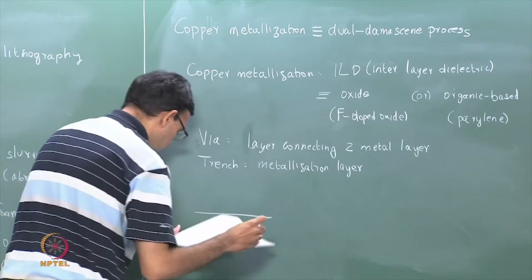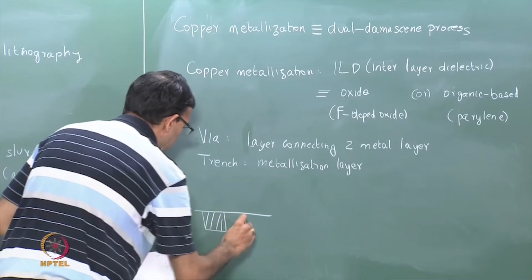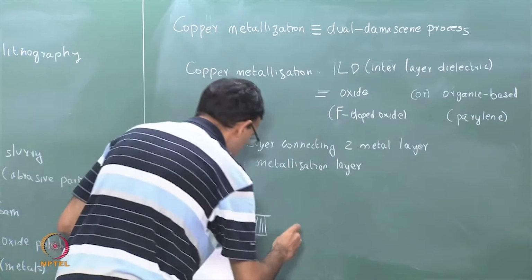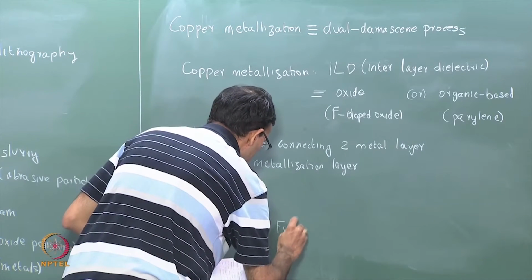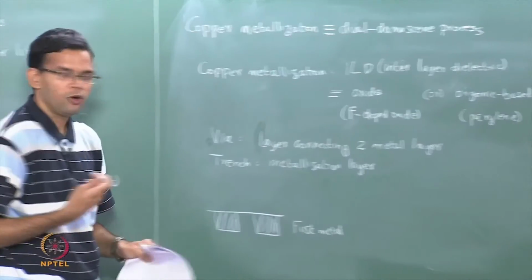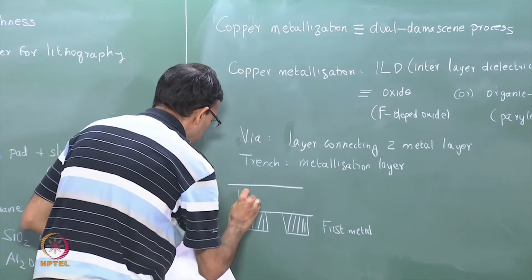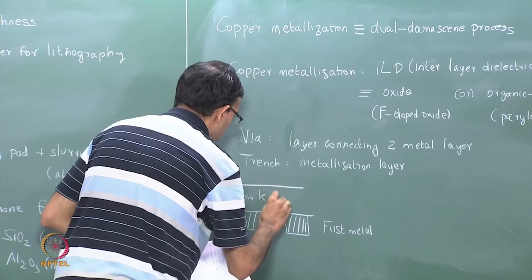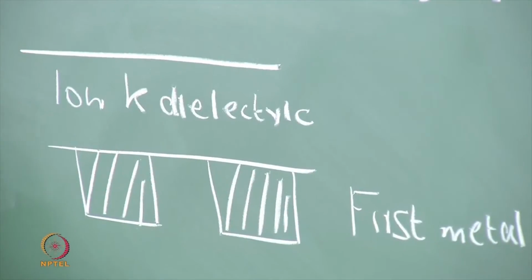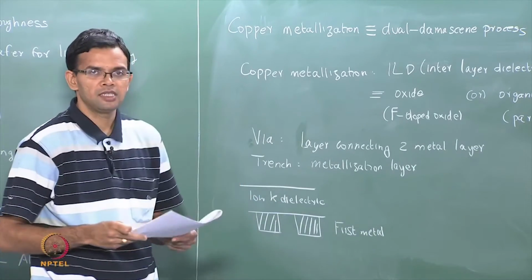To start with, the first layer of metallization is grown. So we are going to say that we already have the first metal layer. A low K dielectric material is then deposited on top of it. This could be grown by CVD process or by spin on. Then the vias are first etched.